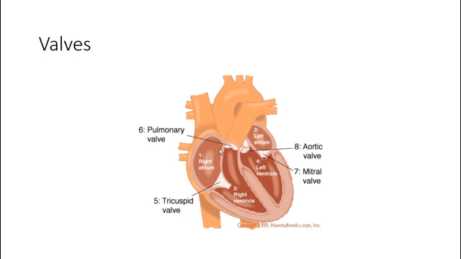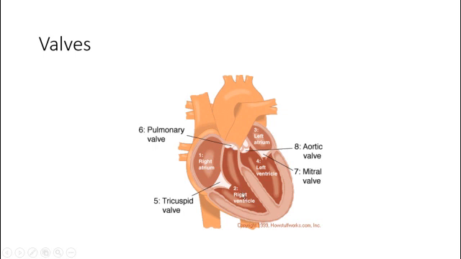That is a one-way valve, just like we've talked about in veins, for example. That's going to prevent blood from flowing back into the right atrium. We also have the mitral valve between the left ventricle and the left atrium, so that's preventing backflow up into the left atrium. Mitral valve has also been called the bicuspid valve.